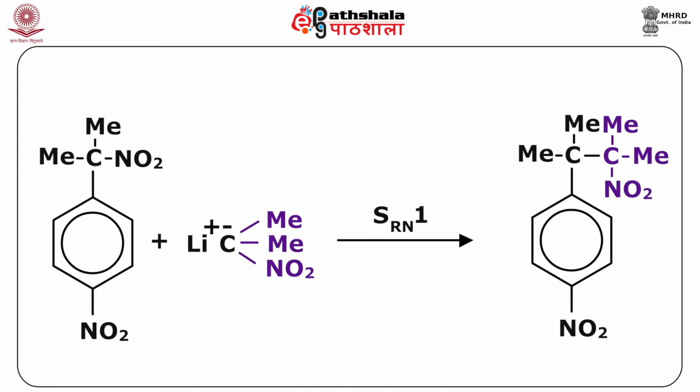The lithium salt of 2-nitropropane reacts with dinitrocumene to afford an 87% yield of the substituted product within 3 hours. Now you can see here the 87% yield, that is a very high yield, when the lithium salt of 2-nitropropane reacts with dinitrocumene, and this product is formed in 87% yield in only 3 hours.